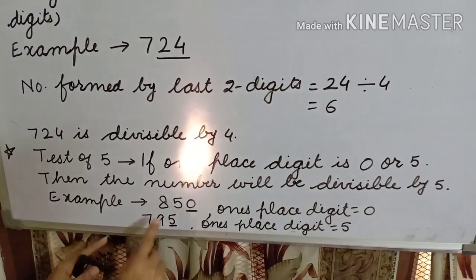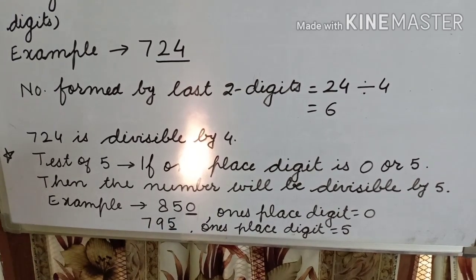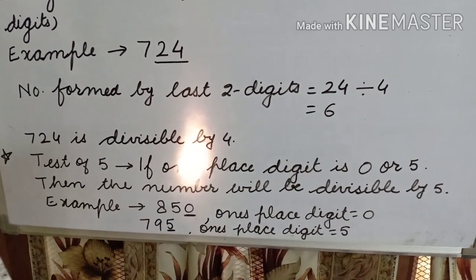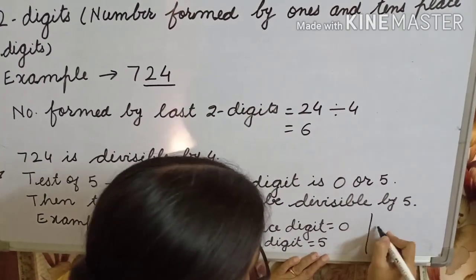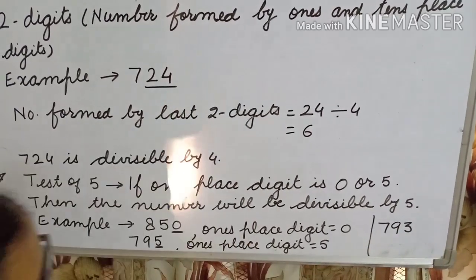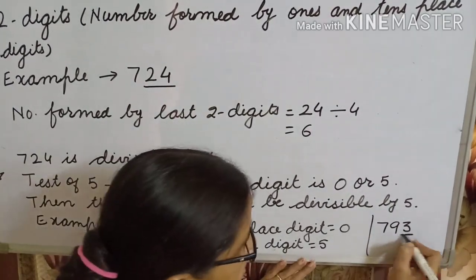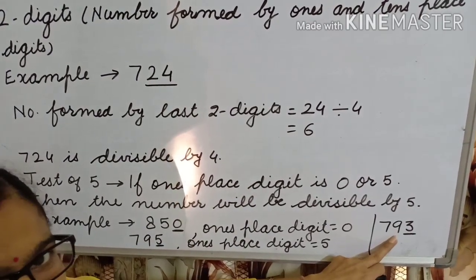Then this number will be divisible by 5. And I am giving you one example which is not divisible by 5. What you can see? Ones place digit is 3. Then this is not divisible by 5.